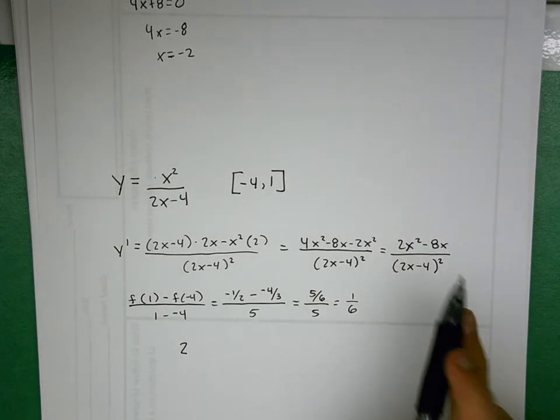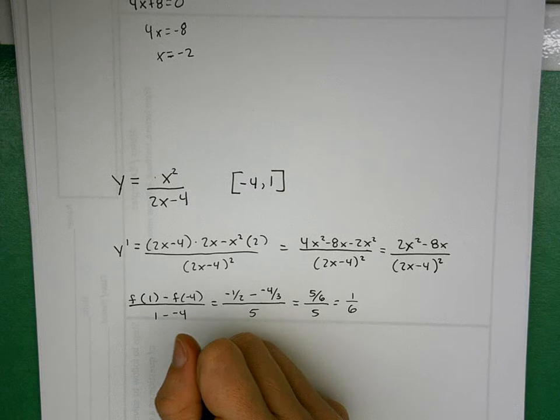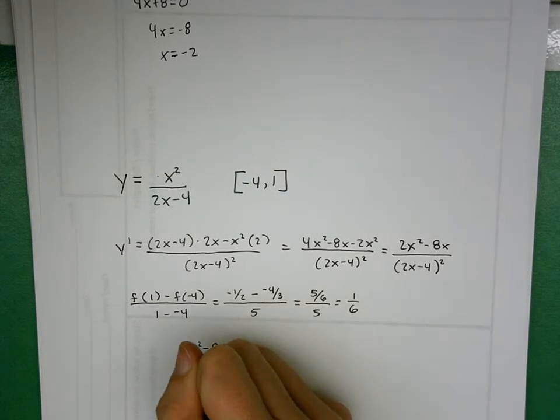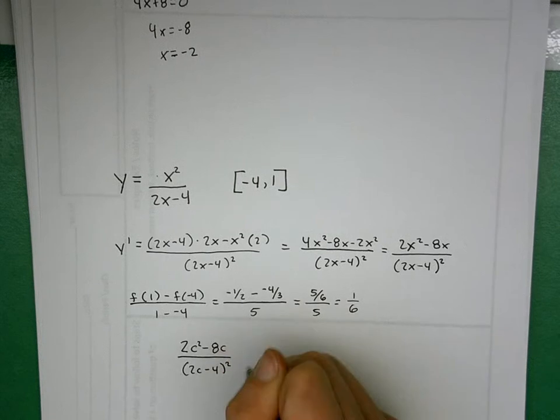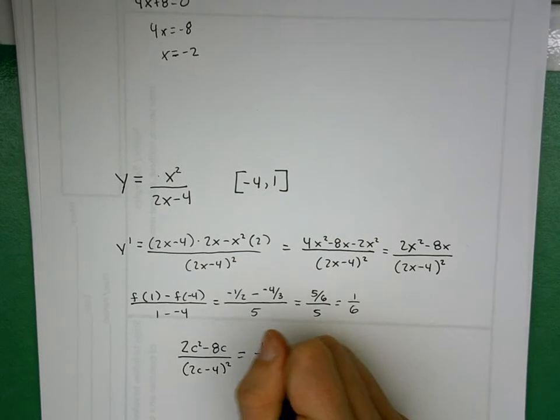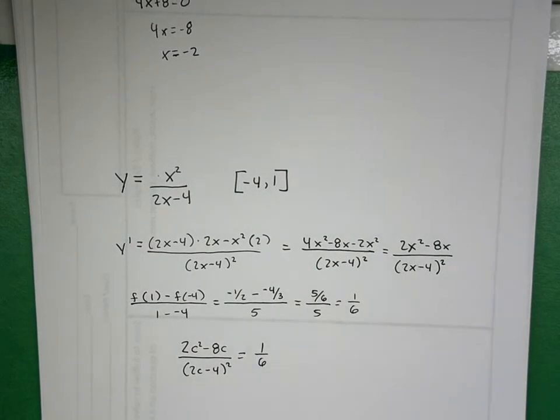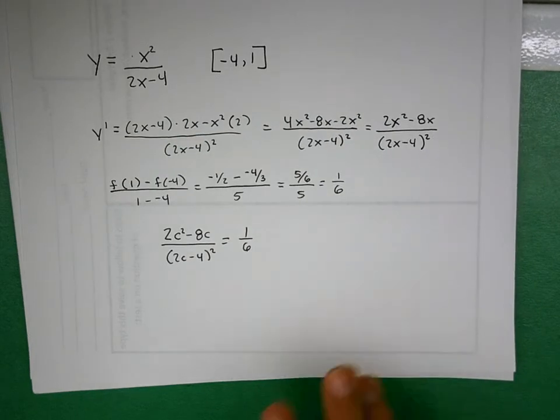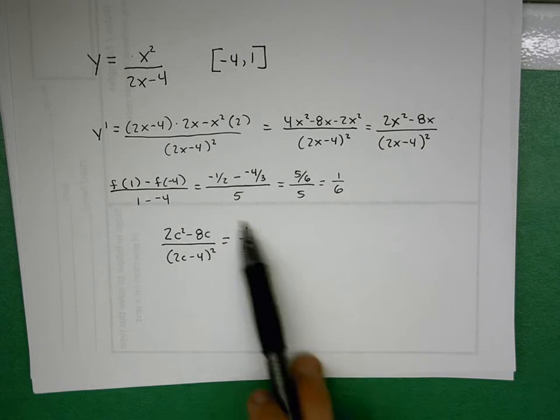Okay, so next step, we've got our f prime of c over here. And I'm going to set it equal to my f of b minus f of a over b minus a, this 1/6 there. Okay. I can tell you right now that this would be a calculator question. If it was a non-calculator question for some reason, there are different options you could have here.